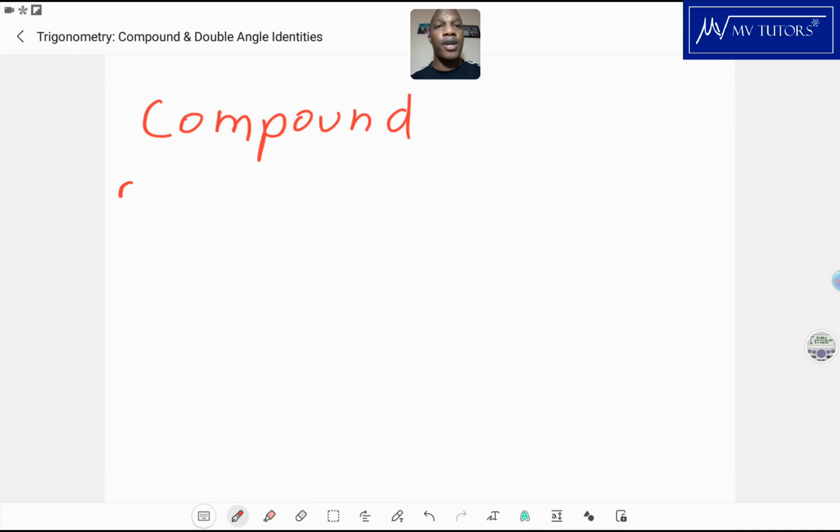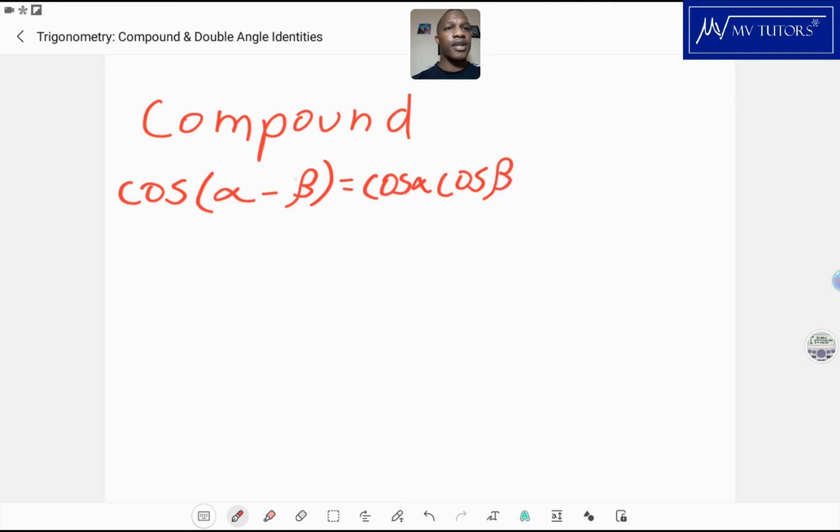So when we have cos alpha minus beta, the identity is such that you're going to have cos alpha cos beta, and then watch the sign. The sign changes from a minus to a plus, and then you have sine alpha sine beta.